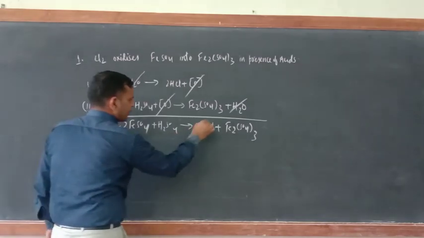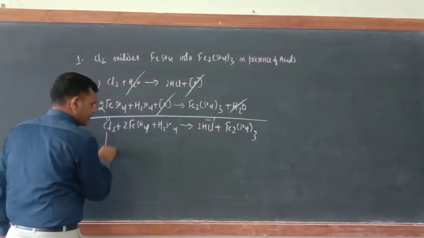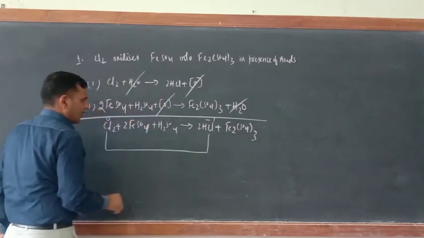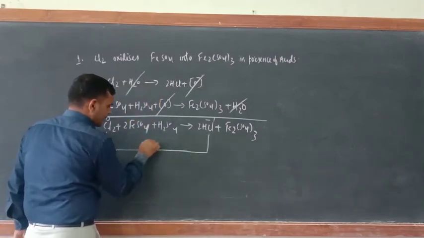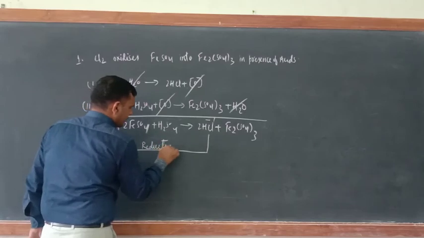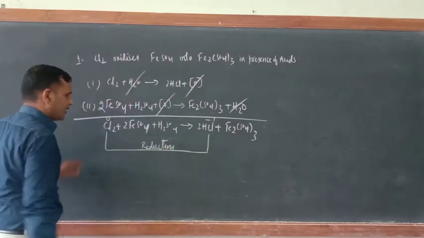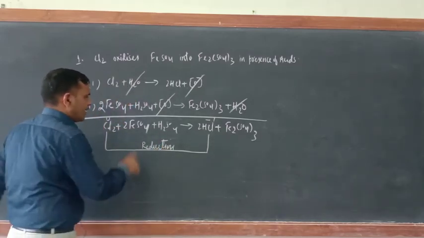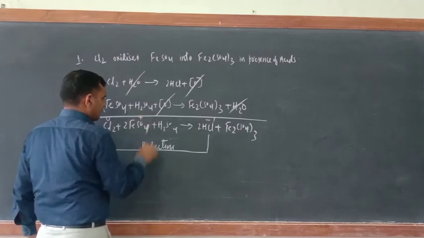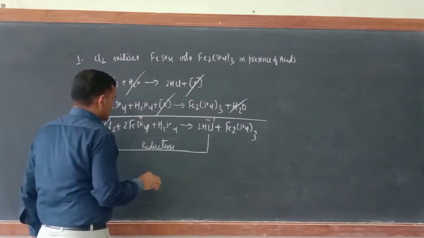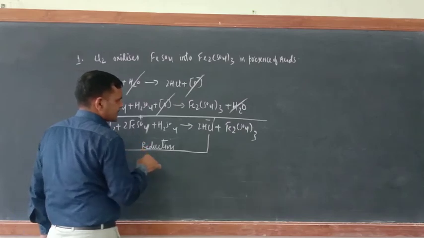Now just check here. Chlorine is 0, here chlorine is -1. So 0 to -1 is undergoing reduction, hence oxidizing agent. Here sulfur is 4 times 2, 8 plus 6.